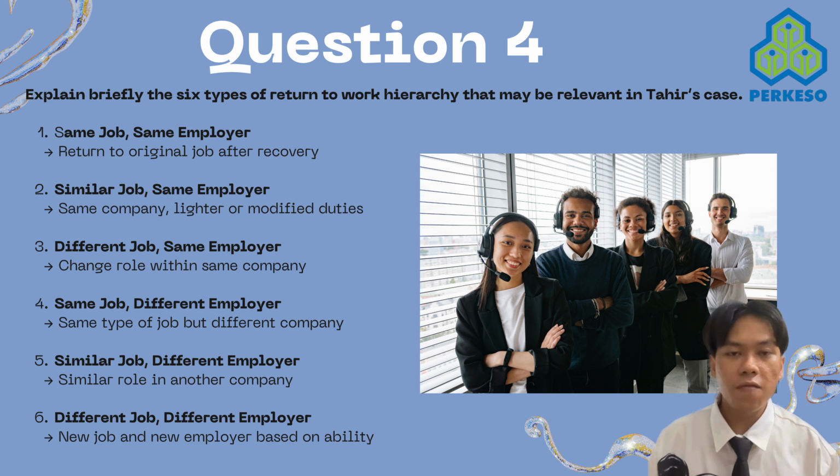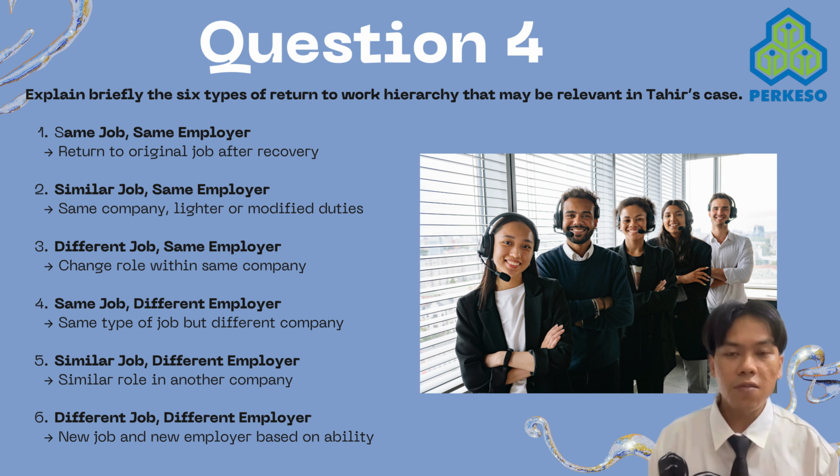Third is different job, same employer, where Tahir is moved to another position within the same company that is less physically demanding and more suitable for his condition. Fourth is same job, different employer, where he continues doing the same type of work but in a different company. Fifth is similar job, different employer, where he works in a similar role in another organisation with more suitable working conditions.